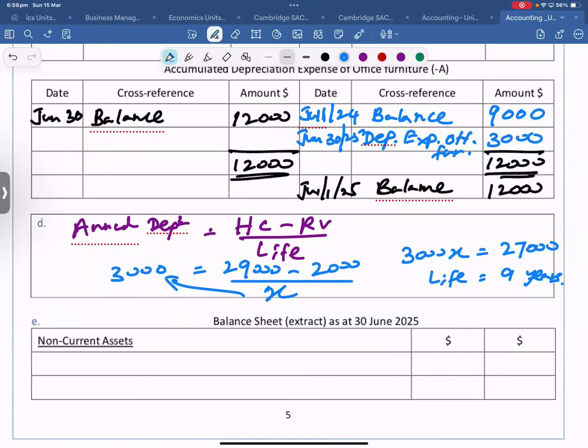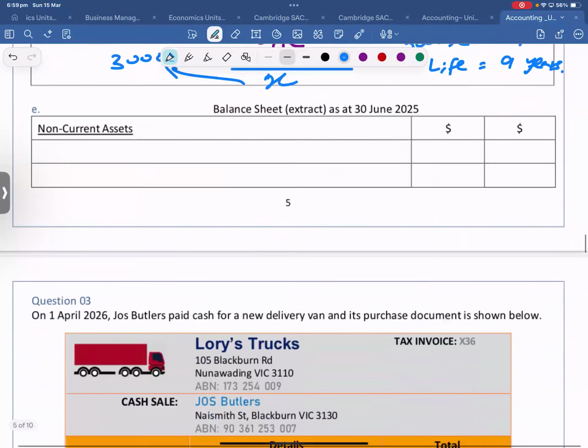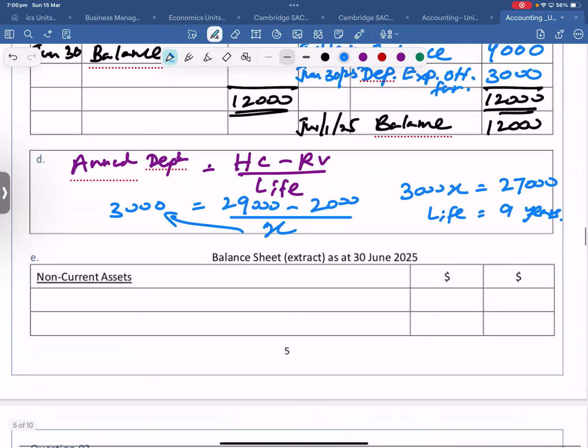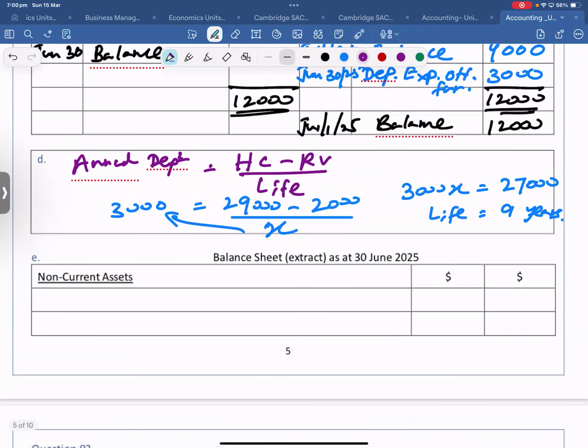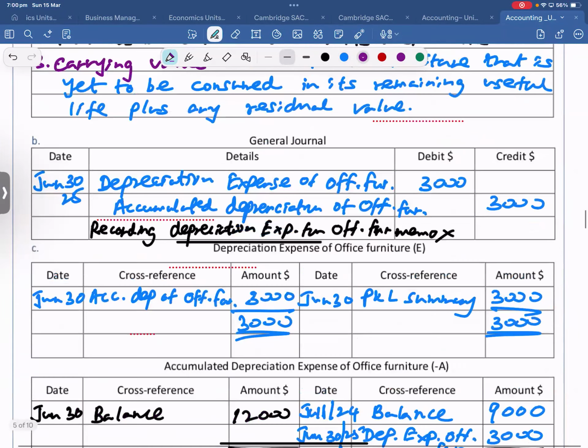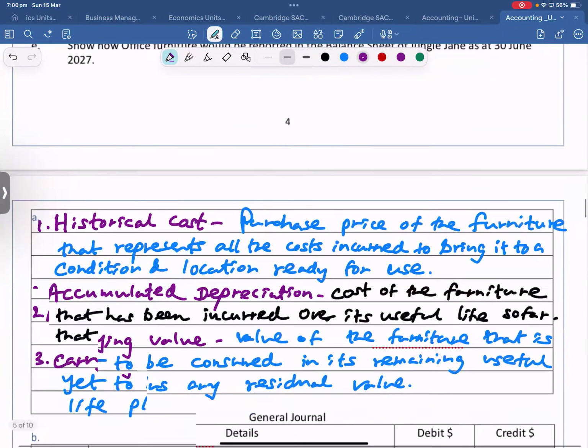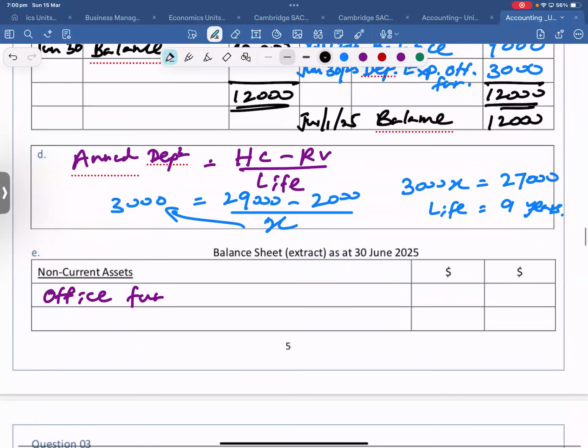Okay, guys, then what's the balance sheet extract as at 30th June 25? Office furniture, 2027. Sorry, this is 27. Yeah, you're correct, this was typed as 25. It should be 27, okay?